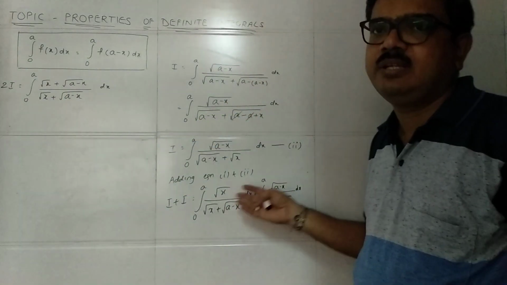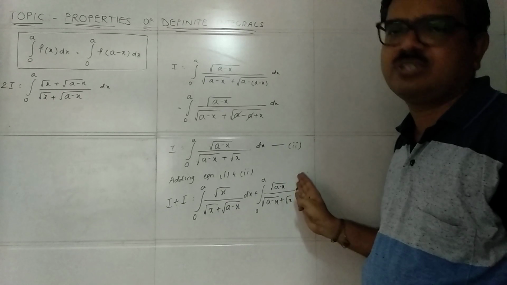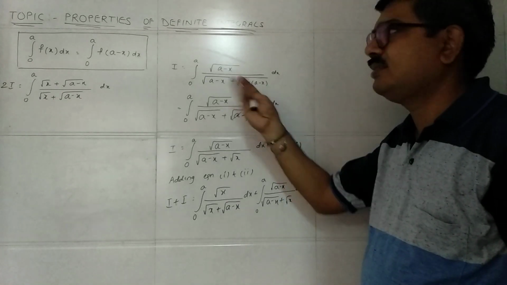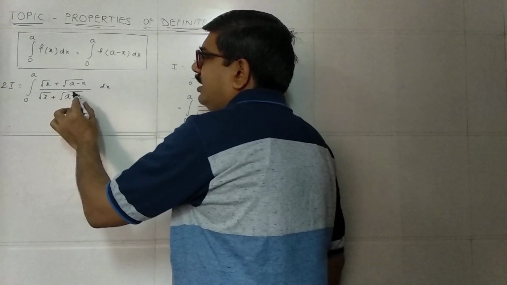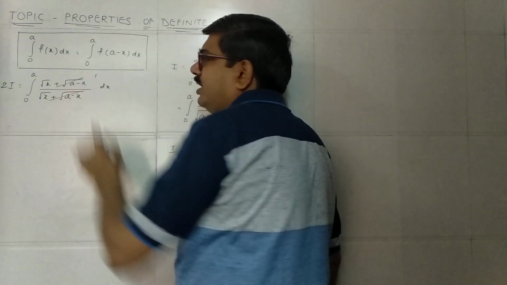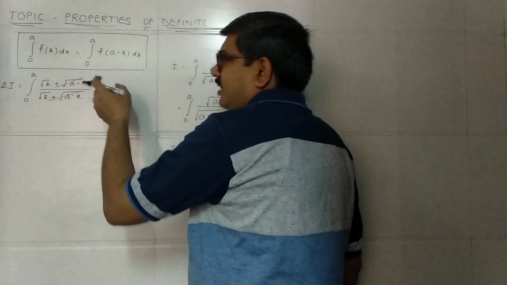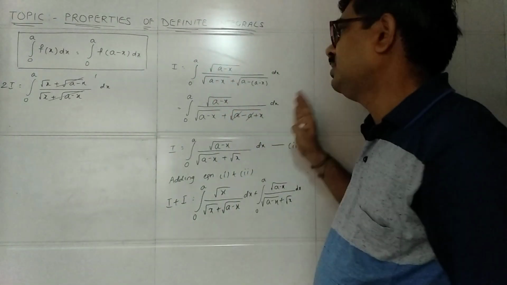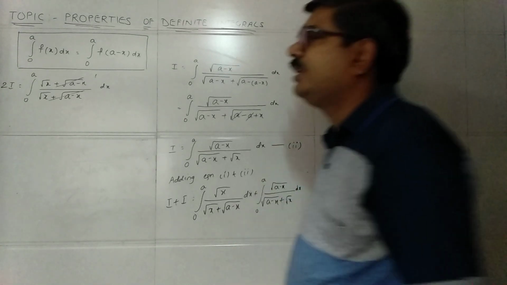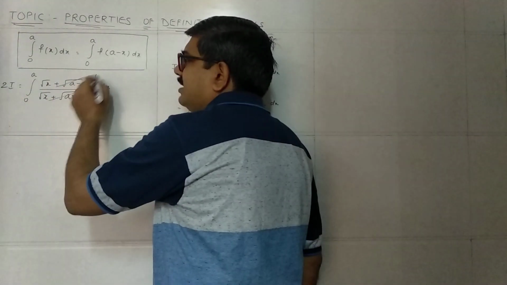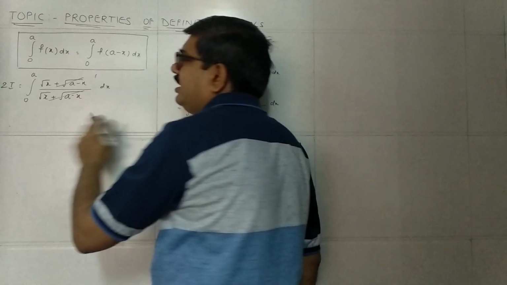As I told you in my previous videos, whenever you add equation 1 and 2 while applying the properties of definite integrals, you will definitely get both the numerator and denominator the same. If you are getting it the same, then you are doing the sum in the correct way. So cancelling numerator and denominator, you get 1 dx.